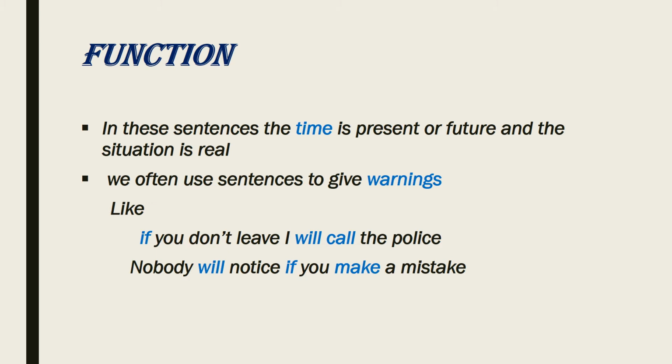Here the order of clauses is changed: the main clause comes first and the if clause after it. It is not necessary that the if clause comes first. In nobody will notice, it is your main clause, your result clause. If you make a mistake is your if clause, your condition clause.